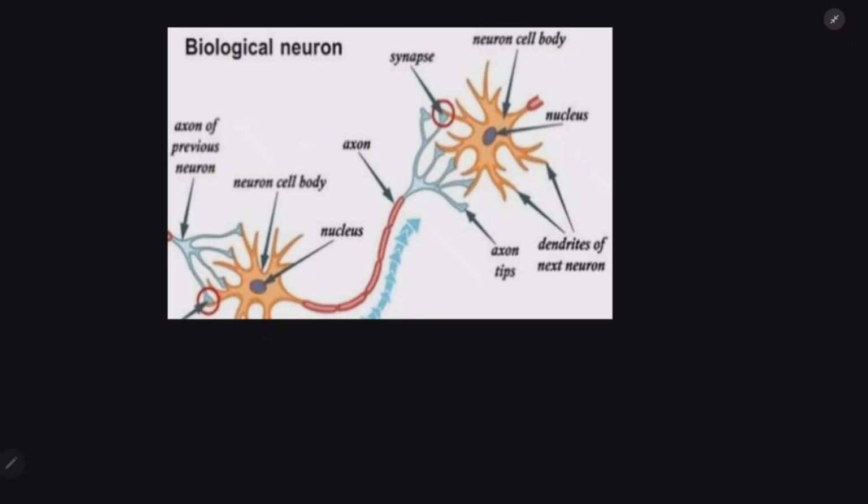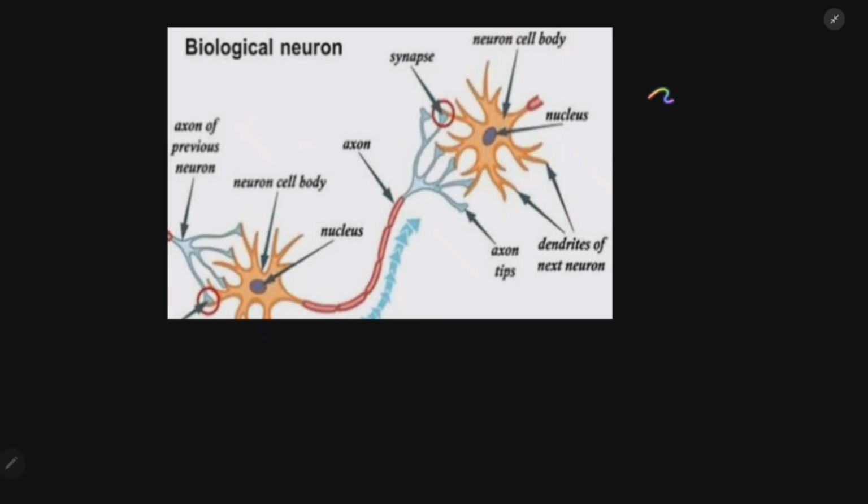But whatever the case is, there is some possibility that people saw the biological neuron and then constructed the artificial neuron.